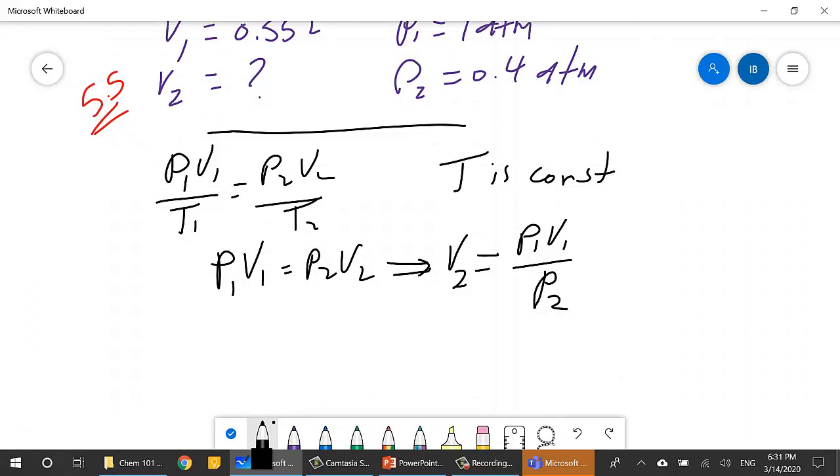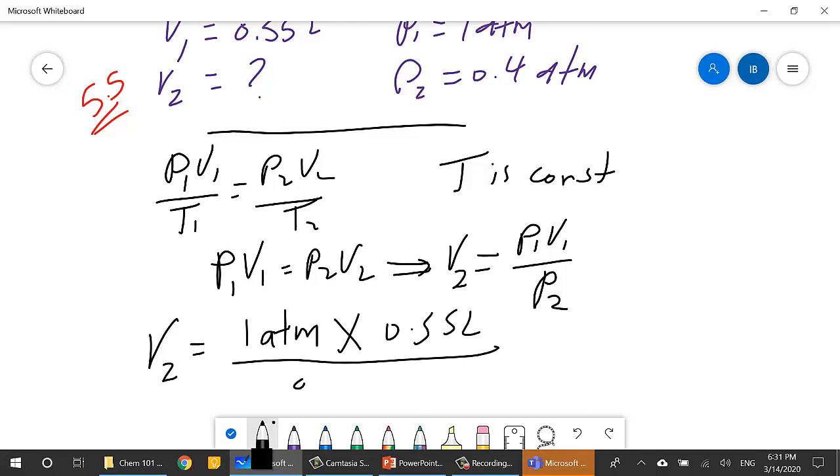So now we just plug in the numbers. P1 is 1 atmosphere times V1, which is 0.55 liter, divided by P2, which is 0.4. In this case, you can see that the atmosphere goes with the atmosphere, and the answer will be in liter, which is what we want. And in these types of questions, there is no need to change the units.